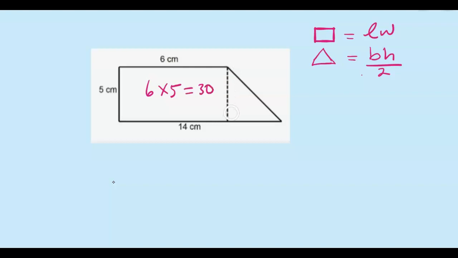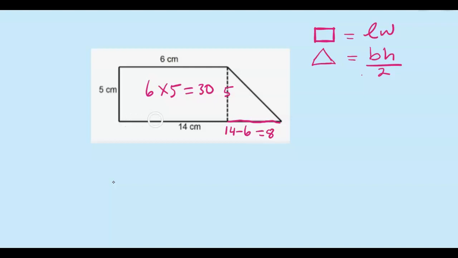When we look at the triangle, we need a height, and the height is going to be 5. We also need the base. We know that from here to here is 6, and from here all the way to the end is 14. So for us to get this, it's going to be 14 minus 6, which is 8.